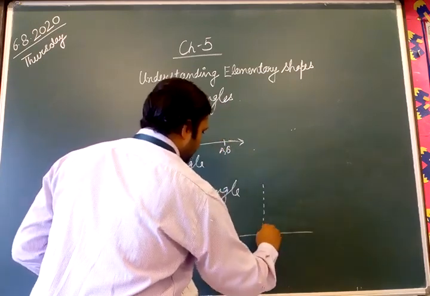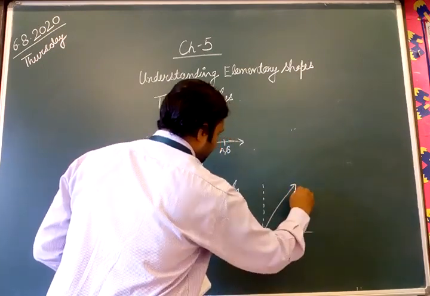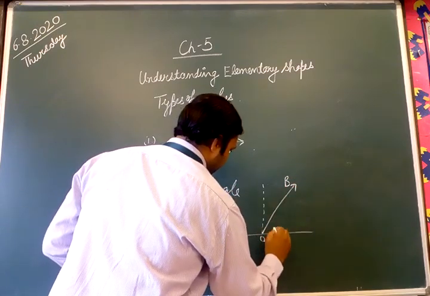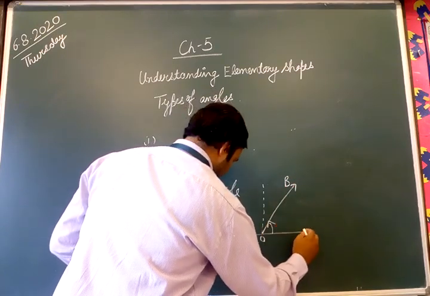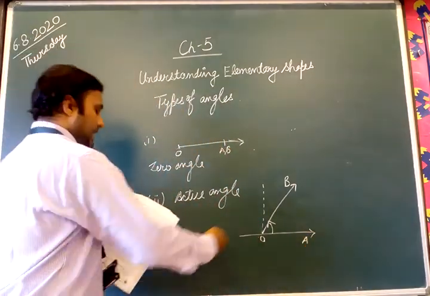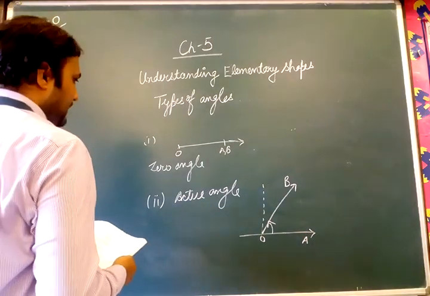This is your right angle. So this is your acute angle. Acute angle, this angle is smaller than the right angle.